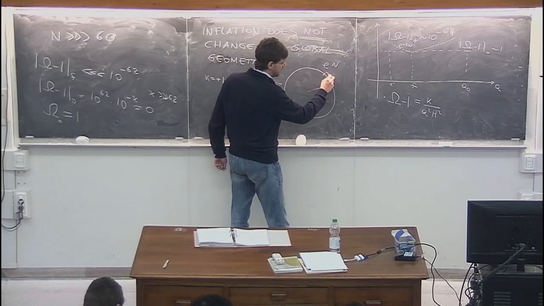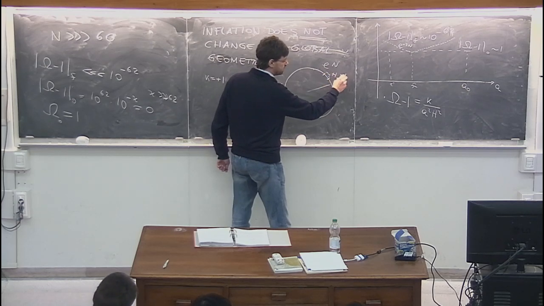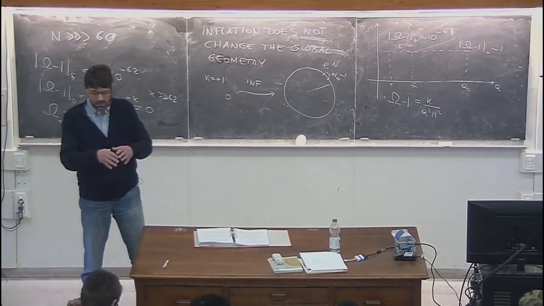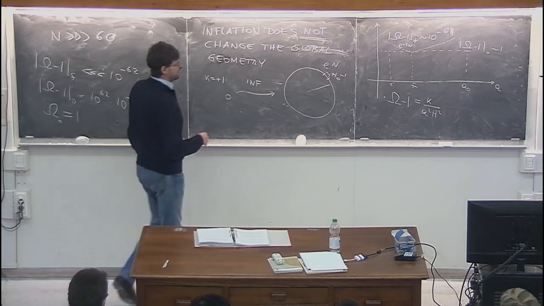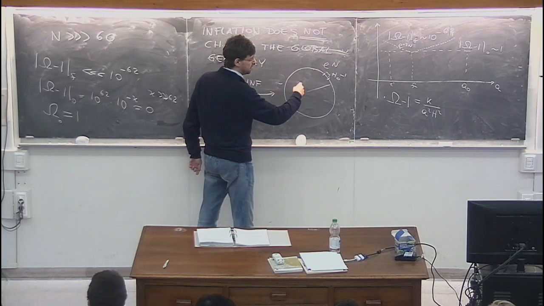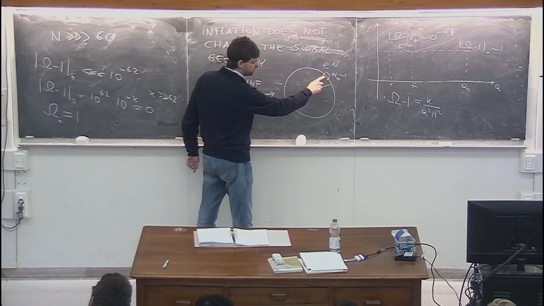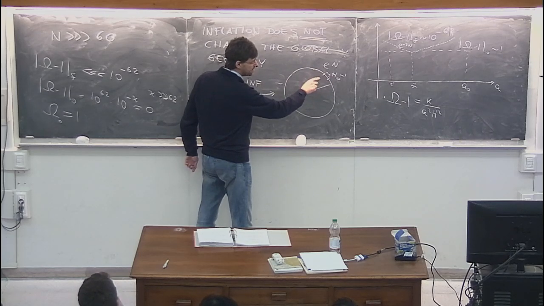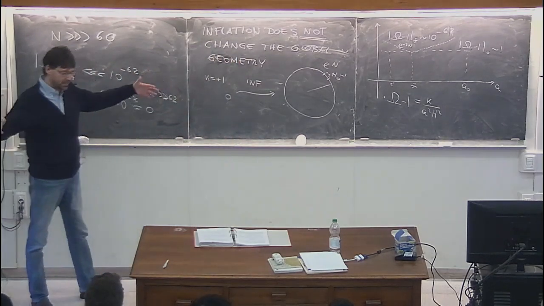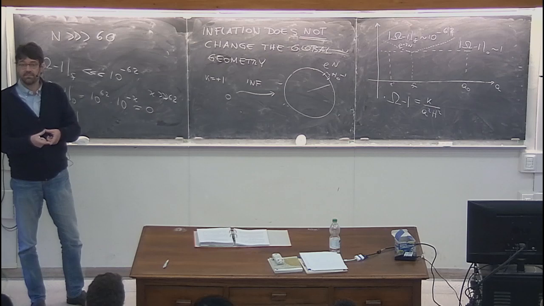And suppose that we observe only a local part of this surface, in this analogy. So here is our H0 to the minus 1. It's our local universe. We can observe only a small patch of it. But if the radius of this sphere is huge, then the geometry of this small portion on the surface is flat.